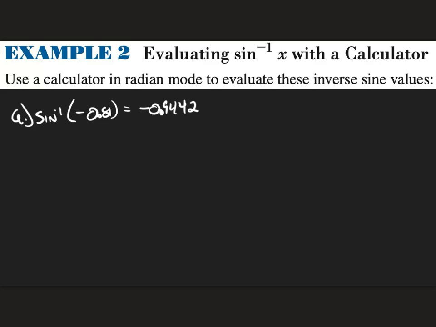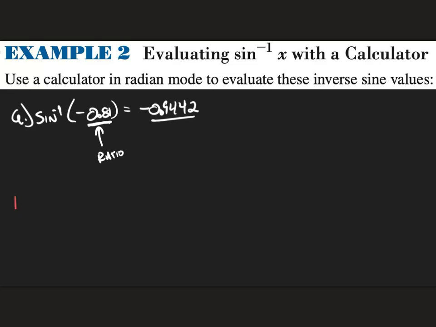So remember, this is an angle. The inverse sine takes a ratio and turns it into an angle. That is a fraction of the side lengths to each other. This is an angle in radian measure. You don't see the pi because this is an irrational number. So just be aware of that.